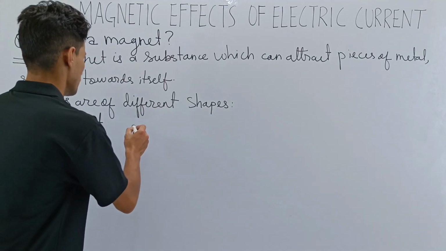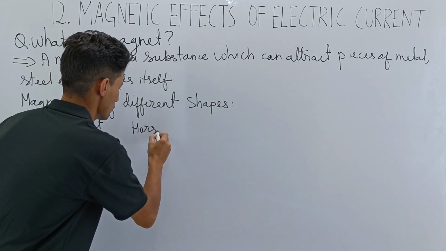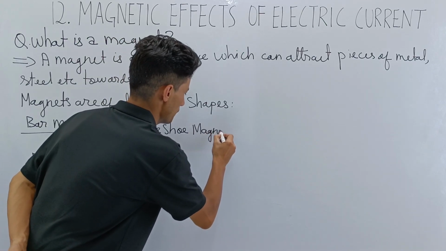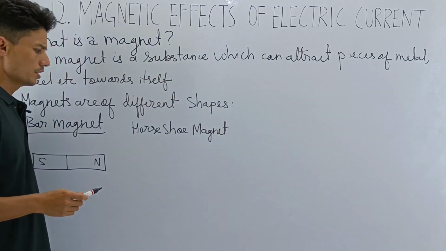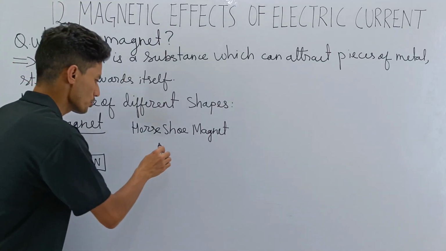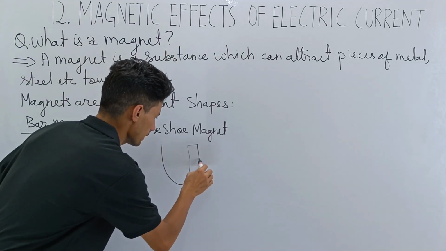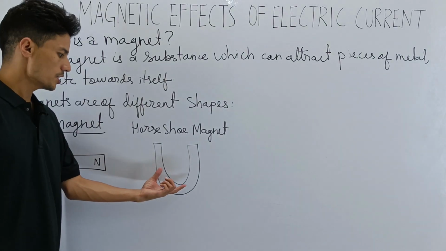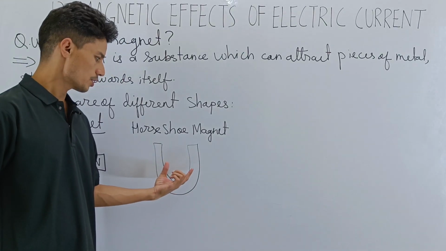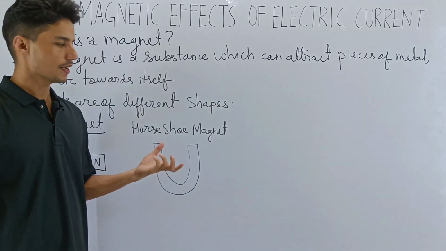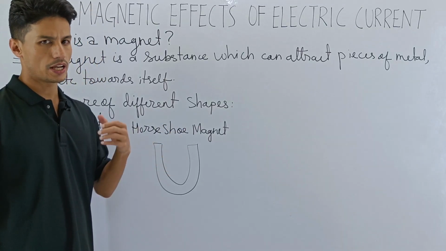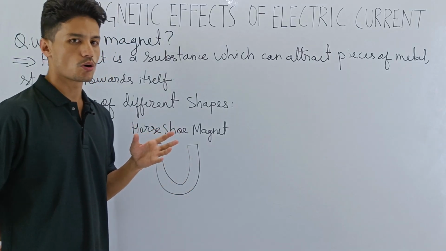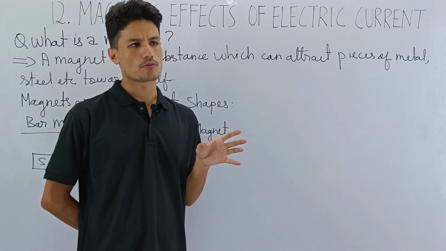Next one, we have the horseshoe magnet. The horseshoe magnet looks like the letter U. This particular shape resembles the shoe which is worn by a horse, to help the horse run better, and also to prevent the hoof of the horse from injury.